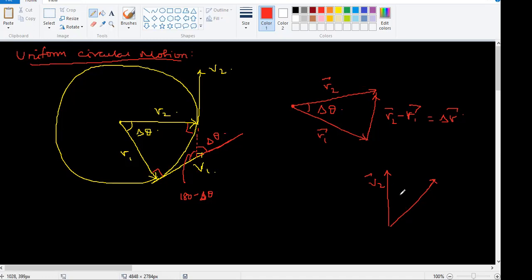So this will be the same, which means this line here will be shown as the V1 vector. So this is del V equal to V2 vector minus V1 vector. Already told you, if the arrow is coming here, final minus initial. The arrow is coming here, final minus initial. R2 minus R1.